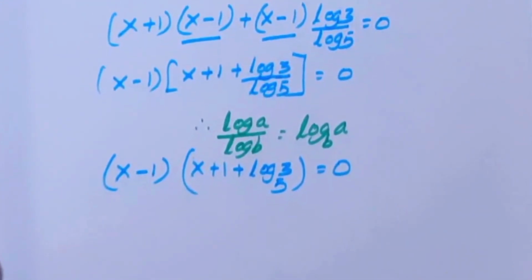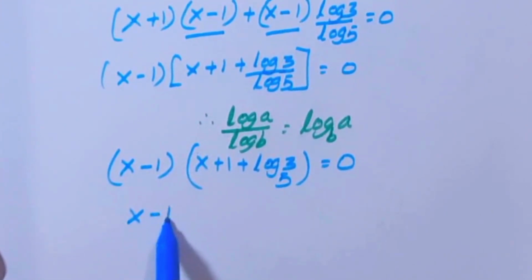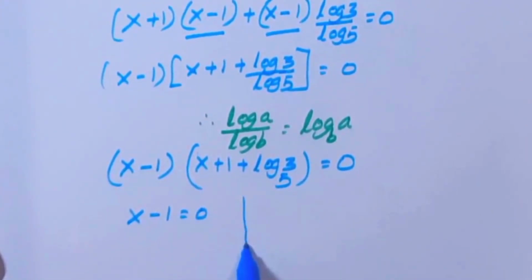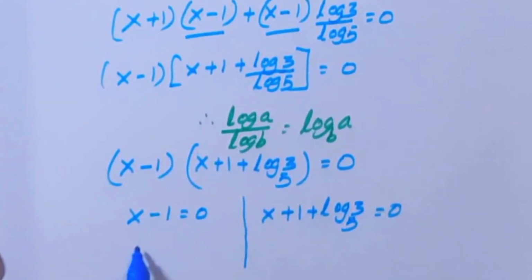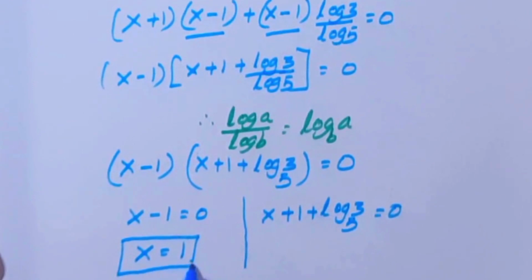Here we have two equations. One is x minus 1 equals 0. The other one is x plus 1 plus log 3 base 5 equals 0. Here x equals 1. This is one solution.